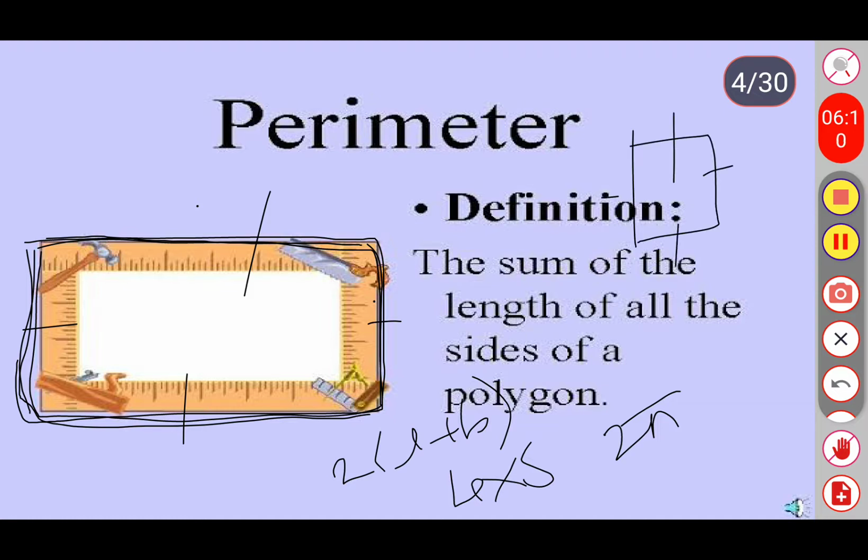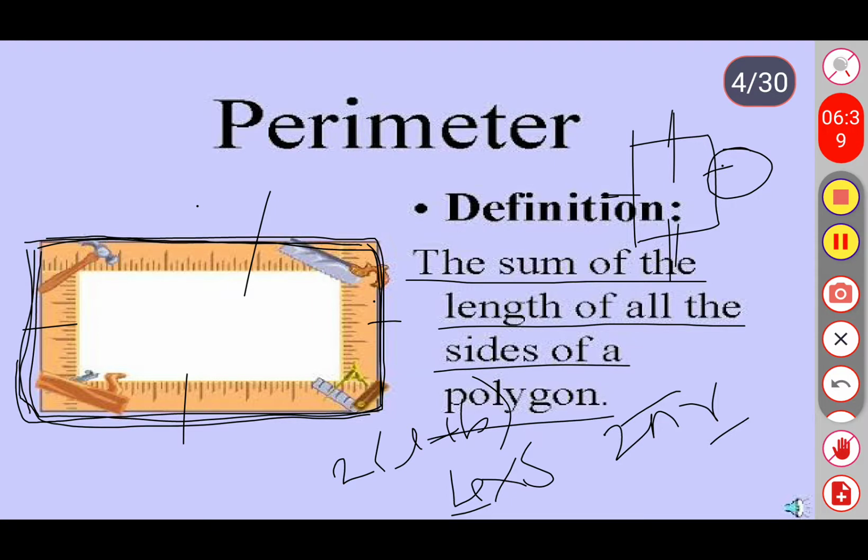So we just multiply the length of one side of the square by 4. It means we are getting the total perimeter of the square. The perimeter or circumference of the circle is 2 pi r, where r is the radius of the circle. So see the definition of perimeter: the sum of the lengths of all sides of the polygon is called the perimeter.